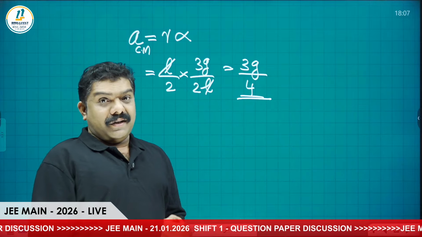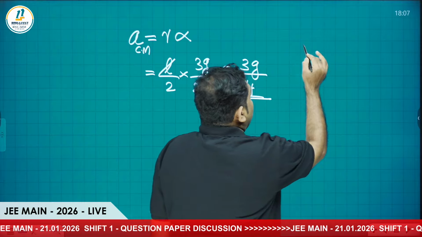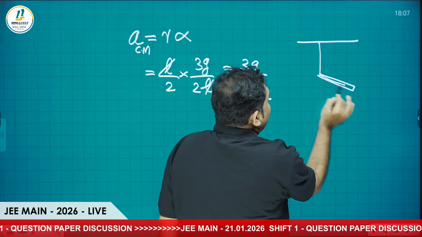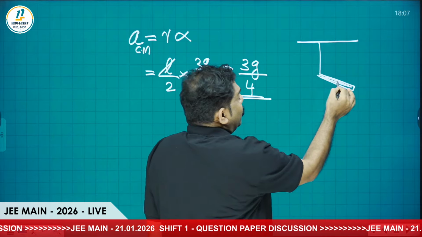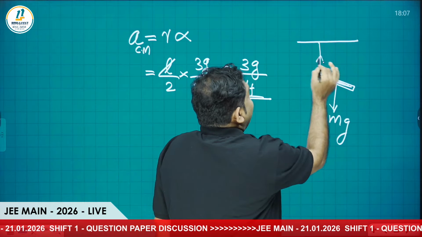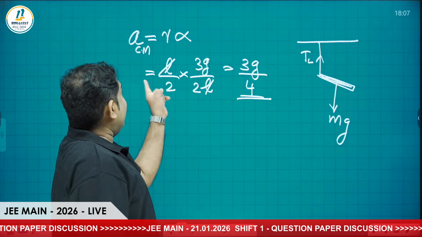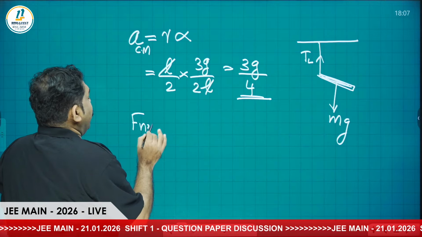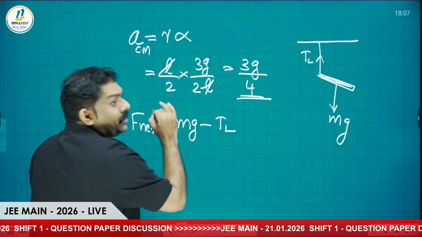Now we have the acceleration, so we can calculate the net force. Considering the rod with the string vertically down, the forces acting are the weight downward and the tension on the left string. With acceleration 3g by 4, the net force is equal to mg minus TL.